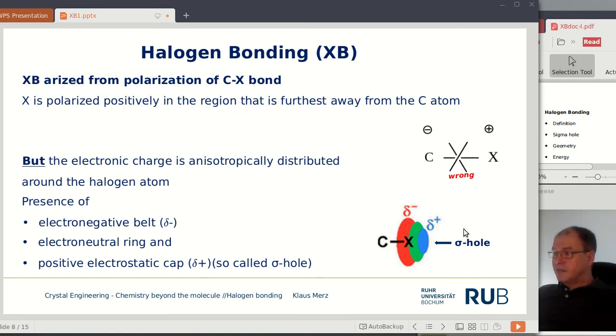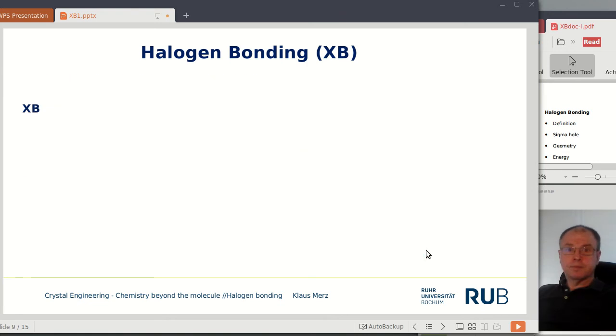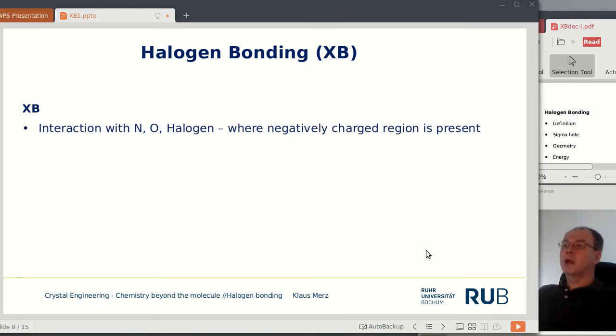And this sigma hole is responsible for halogen bonding. The definition: interaction with electronegative atoms, nitrogen, oxygen, halogen, where a negatively charged region is present.